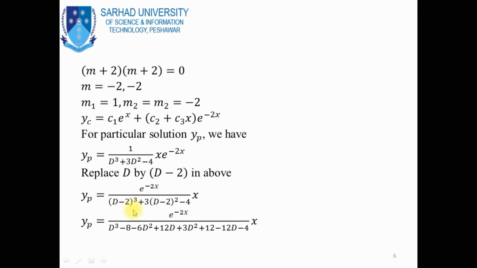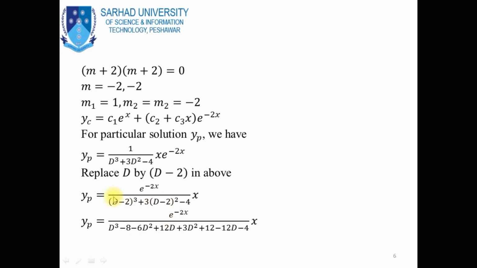Now using the cube formula, a minus b whole cube, we obtain a cube minus b cube minus 3a square b plus 3ab square.